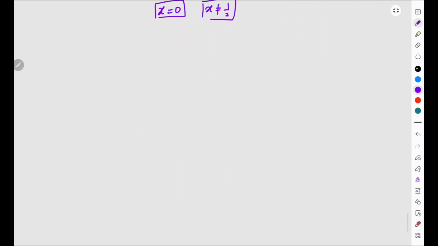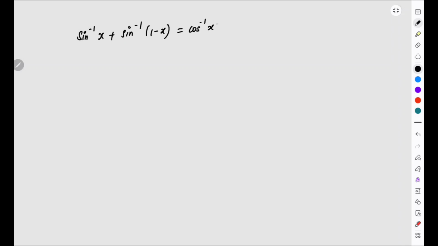So moving to the next question, we have sine inverse of x plus sine inverse of (1 minus x) is equal to cos inverse of x. So this is our next question. Let us try to solve this. So we know that sine inverse of x plus cos inverse of x is equal to pi by 2.